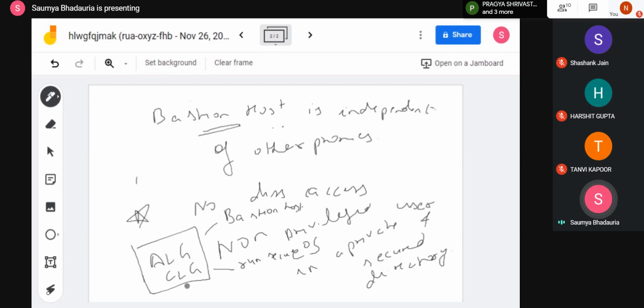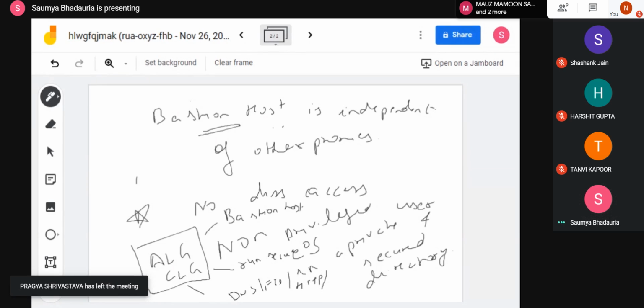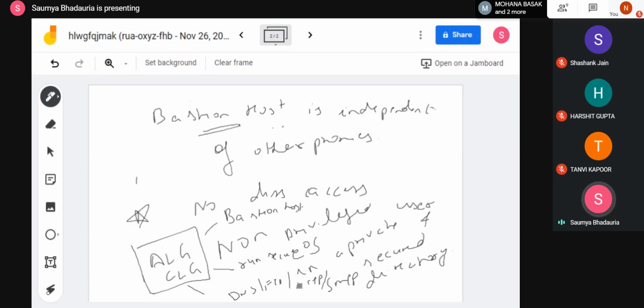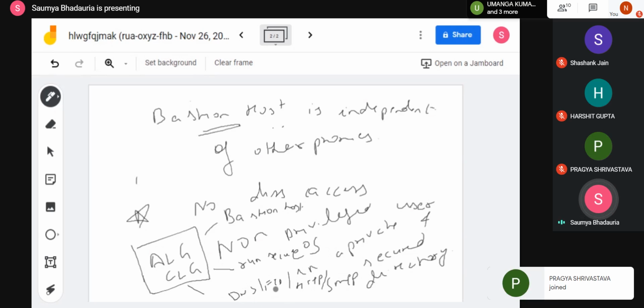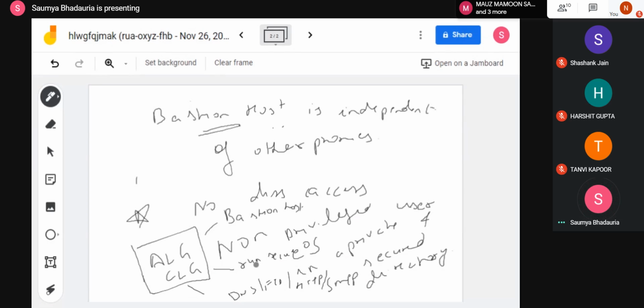It would also run a subset of the services. For example, it would only run secure services like DNS, FTP, HTTP, SMTP. And if there is any additional service which is required, those additional services can be installed by the network administrator on a case-by-case basis. Okay? Any doubt?